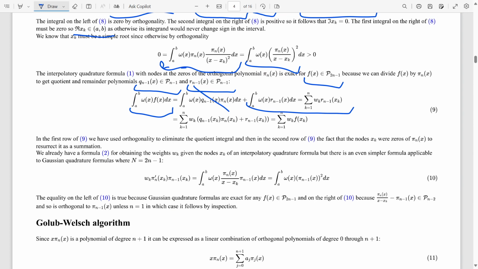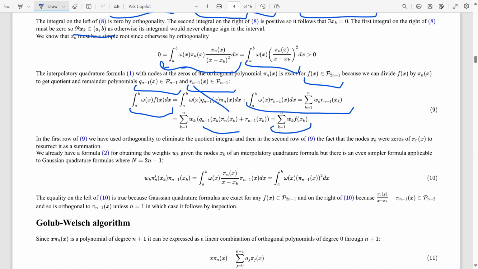Okay, then we can restore q n minus 1 of x pi n of xk because it's 0, and so establish that the quadrature formula with nodes at the zeros of the orthogonal polynomial pi n of x is exact for any polynomial of degree at most 2n minus 1.